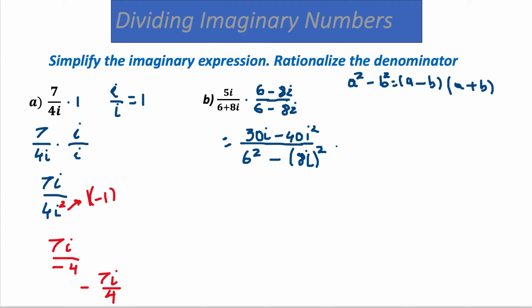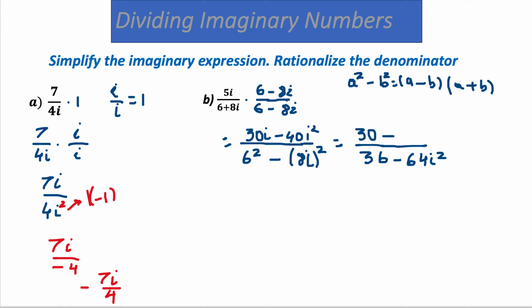And then we can simplify a little bit here. So 6 squared is 36, minus, and 8 squared is 64, and i is i squared. On the upper part, we have 30i minus 40i squared.